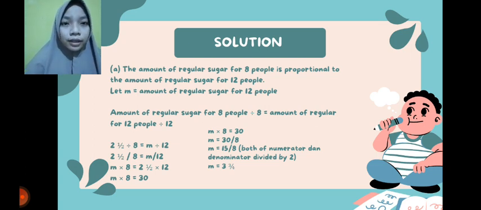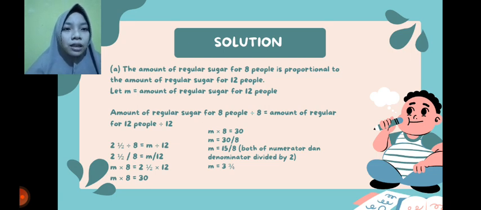And then we got 2 1/2 divided by 8 equals M divided by 12. We cross multiply and we got M times 8 equals 2 1/2 times 12, and we got M times 8 equals 30.